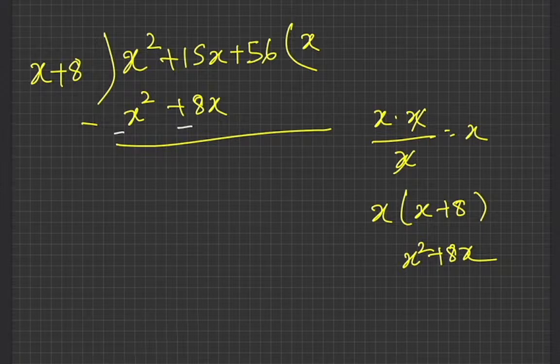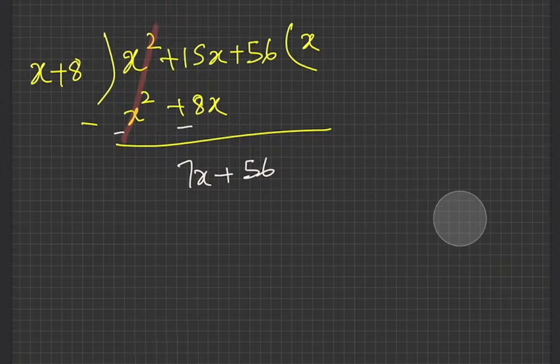So this cancels out. And I have 15x minus 8x, which gives me 7x plus 56. Then the next one is 7x, that is 7 times x by x, that gives me plus 7.